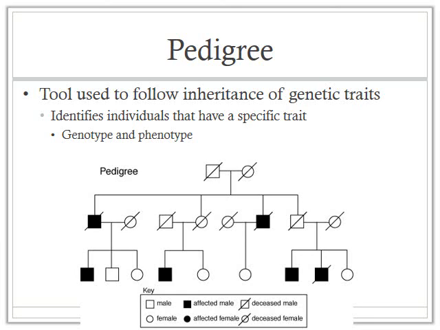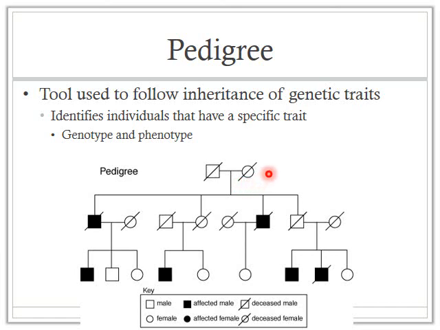So this tool is used to follow inheritance of genetic traits and identifies individuals that have a specific trait. It could be genotype, but most of the time we're talking about phenotype, what is seen. In this case, if we were talking about a genotype, then you would see that at least one of these, or both of these, would have to be filled in as a carrier.